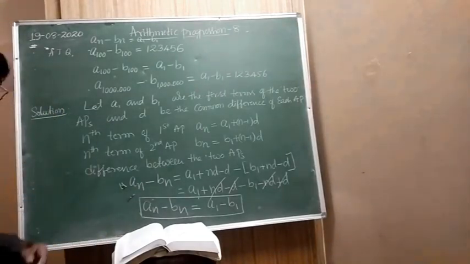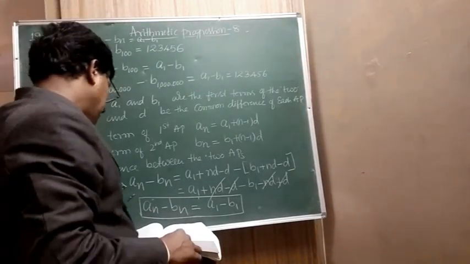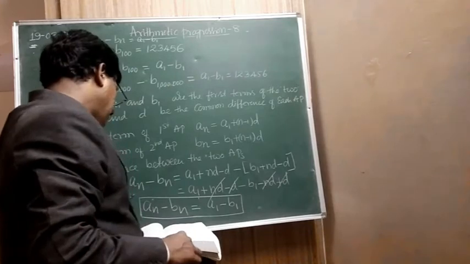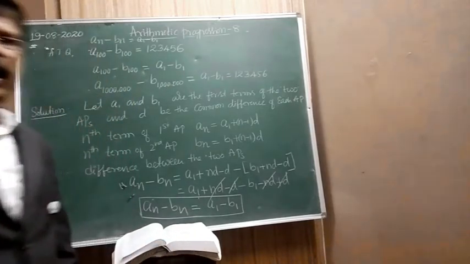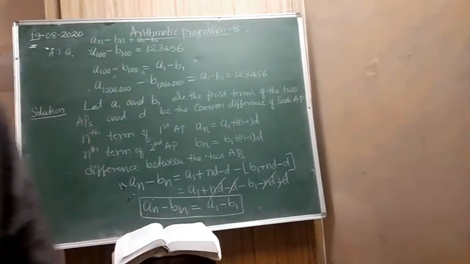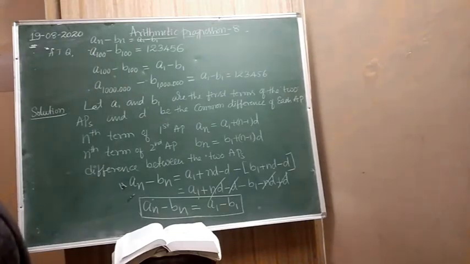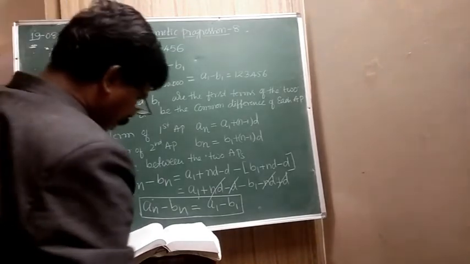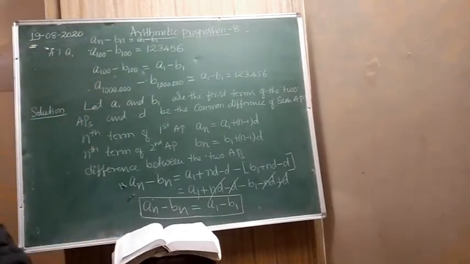So this is a what? Hence the difference between their millionth terms is the same as the difference between their 100th terms. Even the questions they have given in your exercise, you can write down in the same way. Clear?